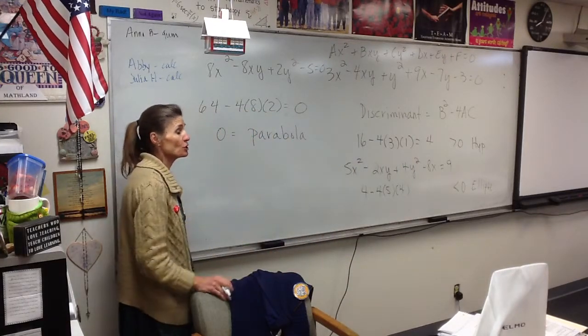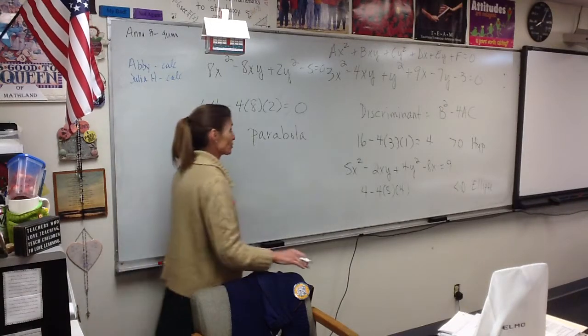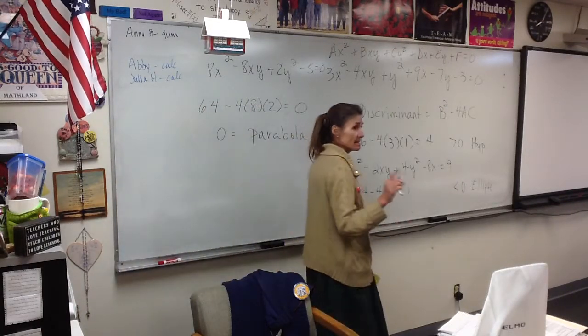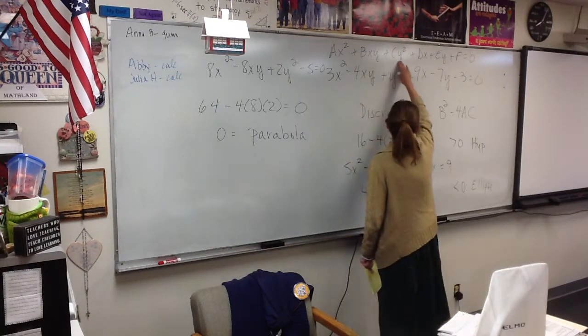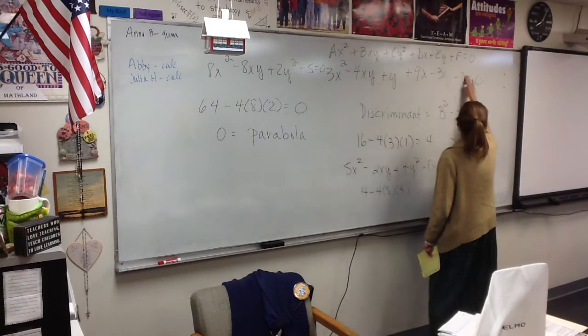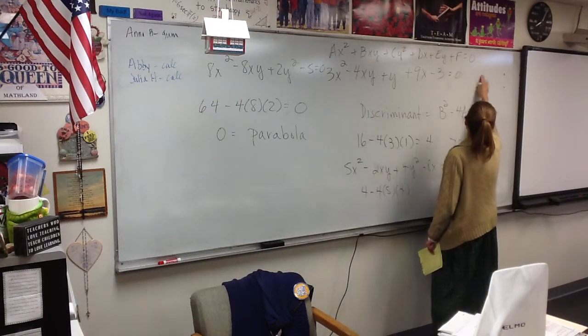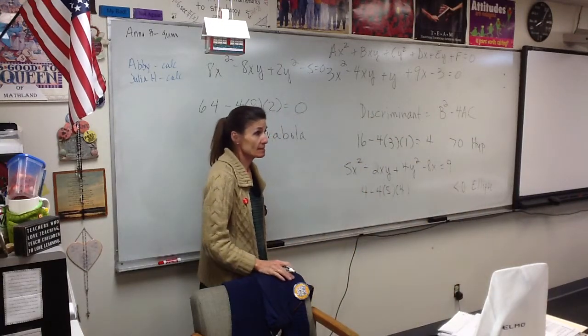Now, I'm going to caution you, in your homework and certainly on your test, I'm going to trick you. For example, what if this is the equation? Can you see how easy it is to get sucked into this?